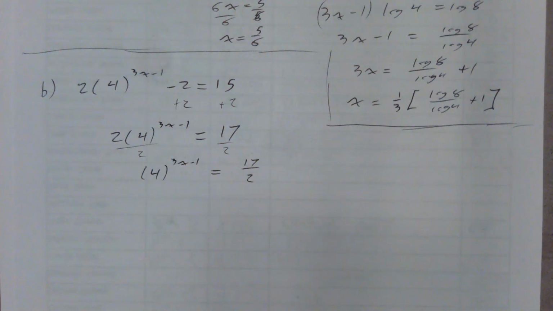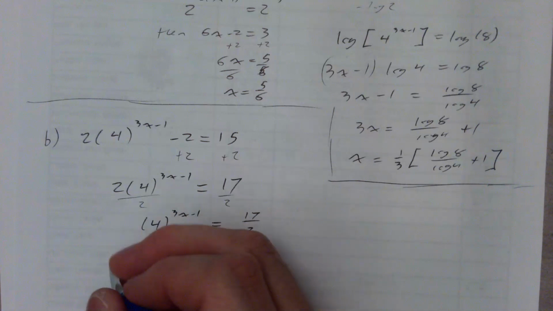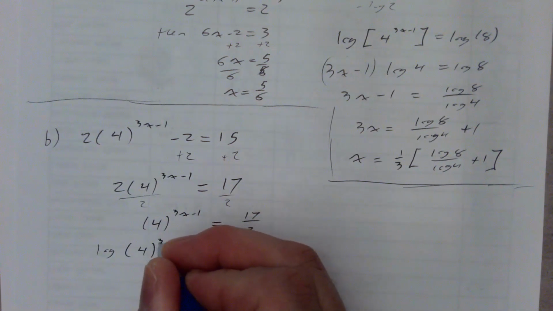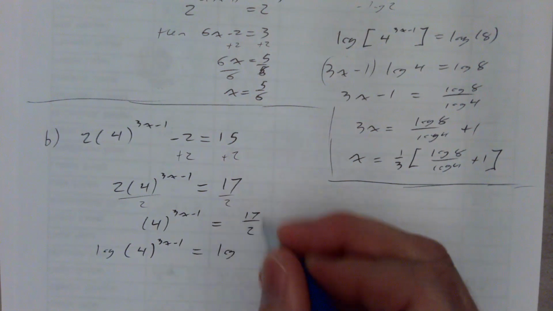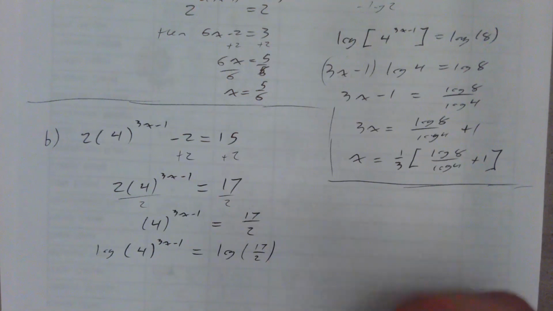So now seems like a good time to take a logarithm of both sides, mirroring this solution right here. I'm not seeing an advantage of taking log base 4 of both sides or taking log base 17/2 of both sides. I think I'm just going to stick with the common logarithm, a logarithm button that my calculator has here.